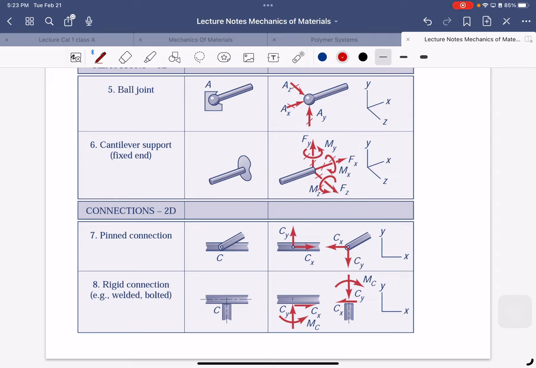Of course it has these reactions because we need to have the resultant be 0. Right? And also here, you can observe this axial one.